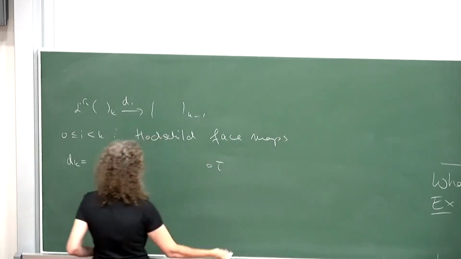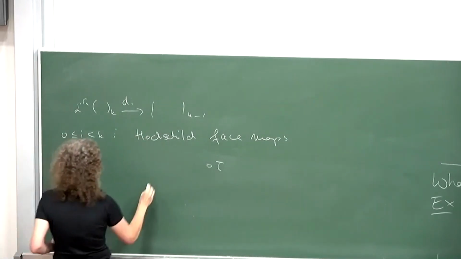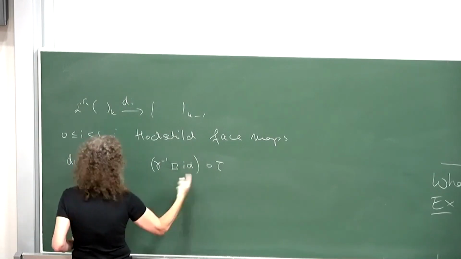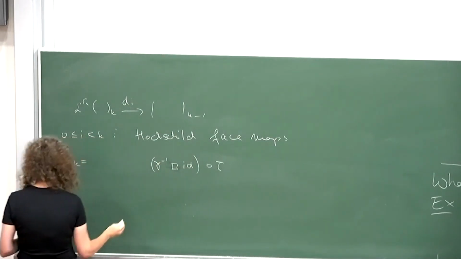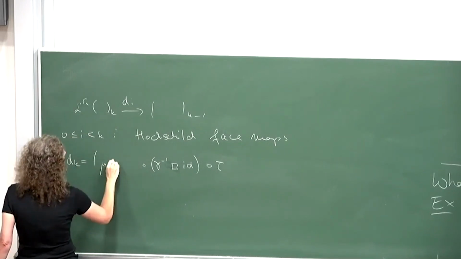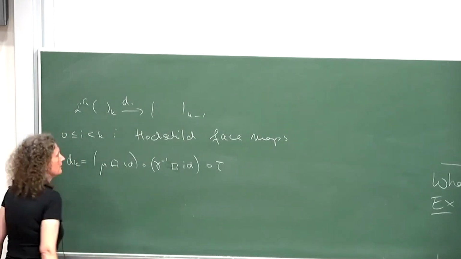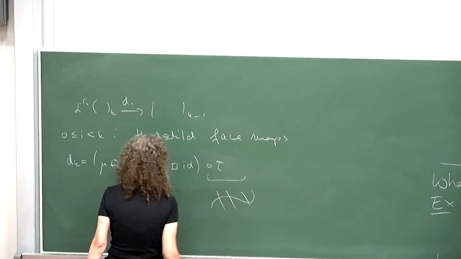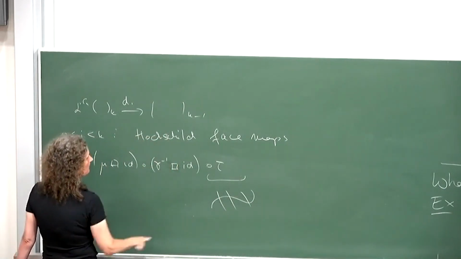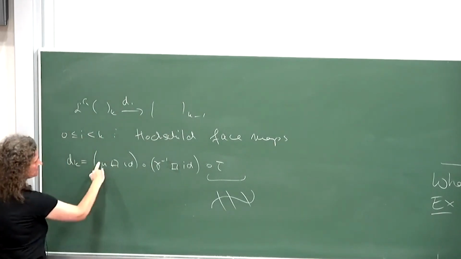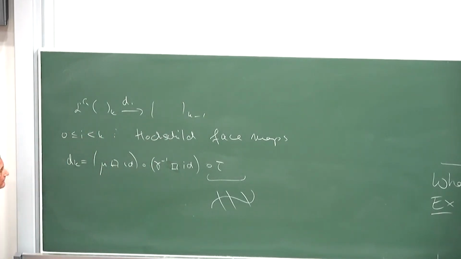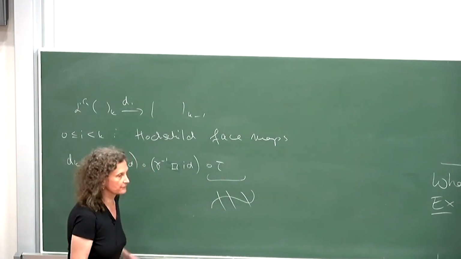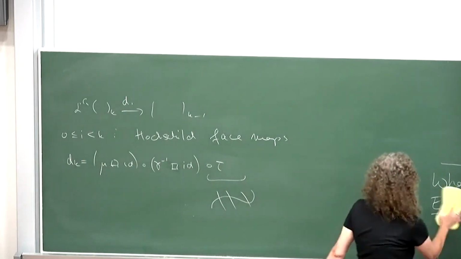Let me call this tau, so that's just the twist. But then you act by gamma on the very first coordinate, and then you multiply. So this tau is just that one, and then you have the action here, and then you multiply the first 2 components. So this is the full simplicial structure.